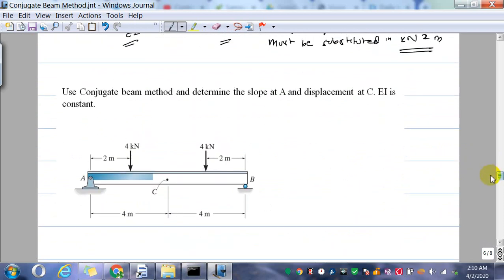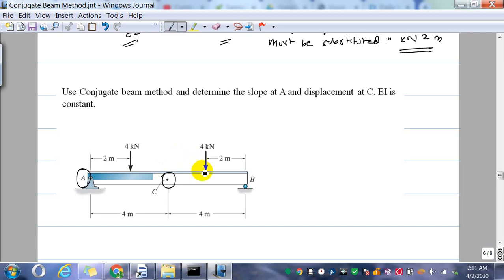So here we have a beam and we have to use the conjugate beam method to determine the slope at A and the displacement at C. So we know that a real beam's slope and deflection is equal to the conjugate beam's shear force and bending moment.